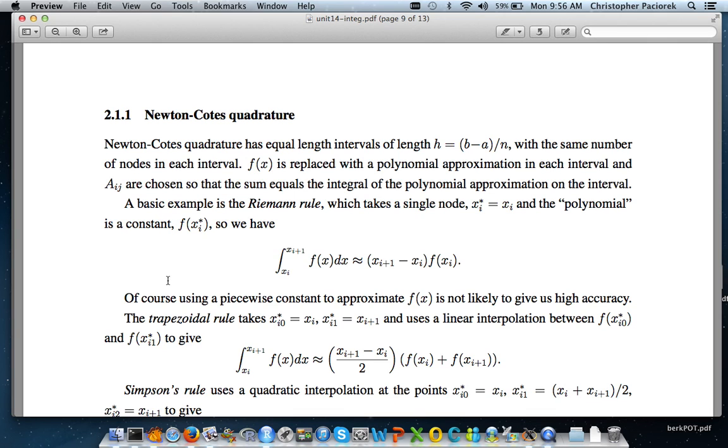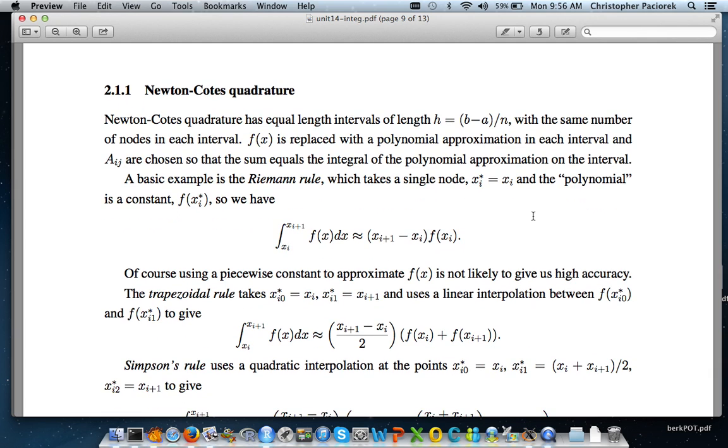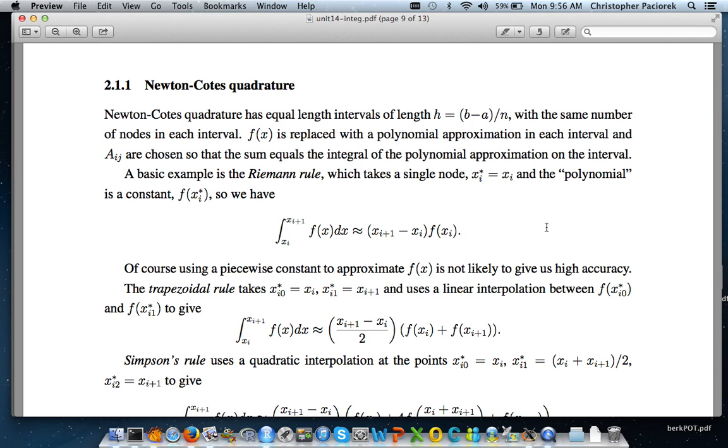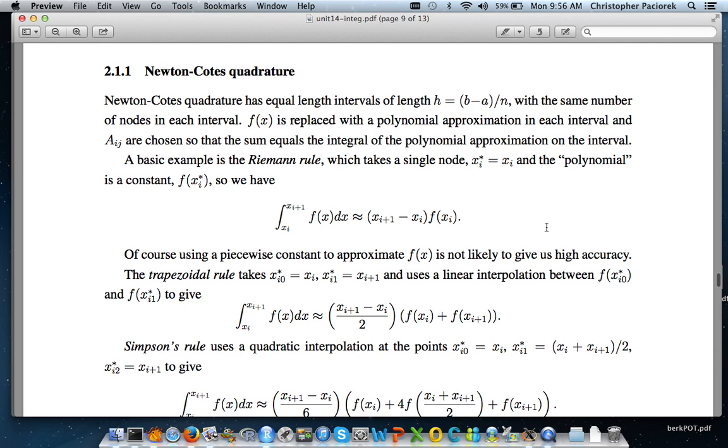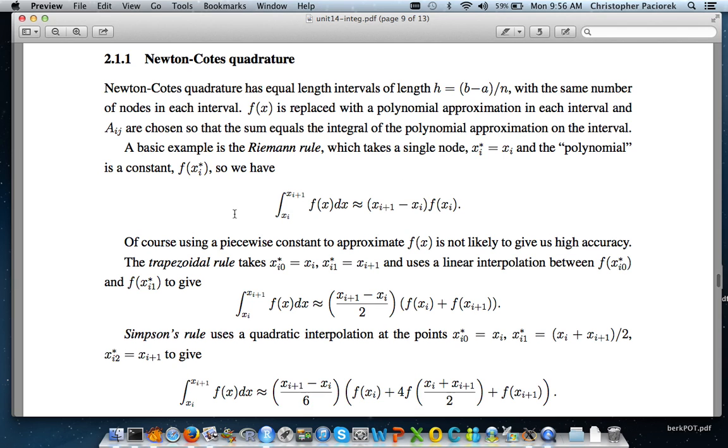And then we're basically going to do an approximation to the integral within each of those small intervals, and we'll do different kinds of polynomial approximations. This goes back to the initial stages of when we first saw calculus. Suppose I want to integrate this function from a to b, and let me divide this up into a certain number of equally spaced intervals.